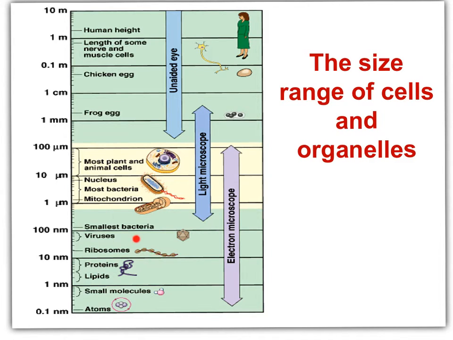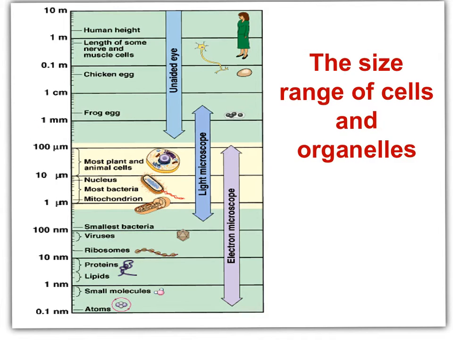A virus is 100 nanometers. And prokaryotes, bacteria, are 1,000 nanometers or 1 micrometer. 1 micrometer is a millionth of a meter. Cells with a nucleus, eukaryotes, are 10 micrometers up to 1,000 micrometers.